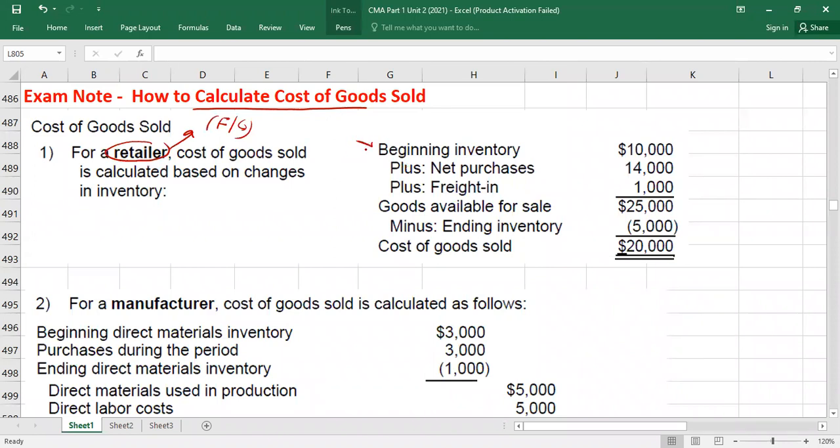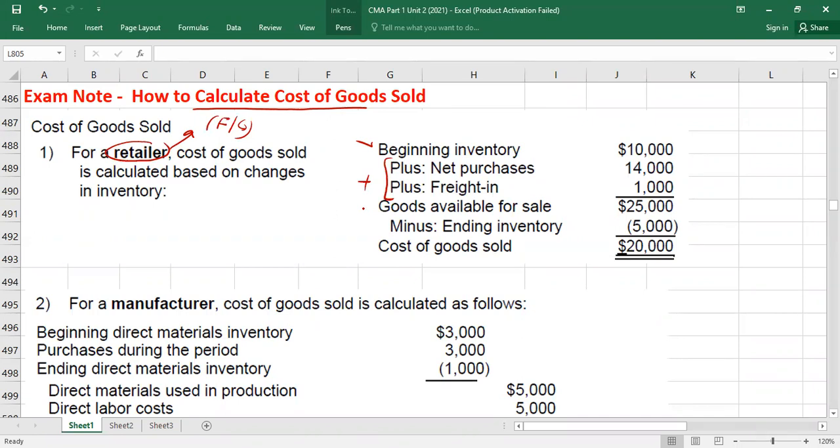First of all, you have to take beginning inventory of finished goods. It will be given in the question. Then you will add net purchases, like purchases minus purchase return plus freight in.